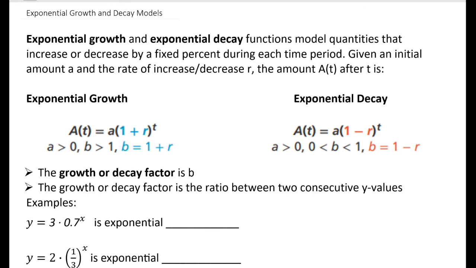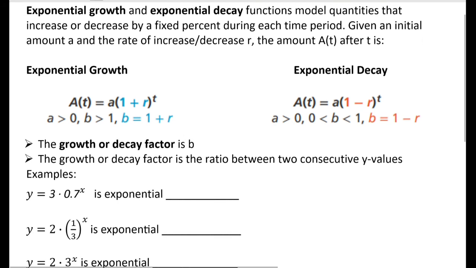All right, so now lastly, we're going to talk about exponential growth and exponential decay functions and what they represent. Exponential growth and decay functions model quantities that increase or decrease by a fixed percent during each time period. So basically, you're given an initial amount, A, and the rate of increase or decrease, which we call R. Then we figure out the amount after a certain period of time, usually T for time.